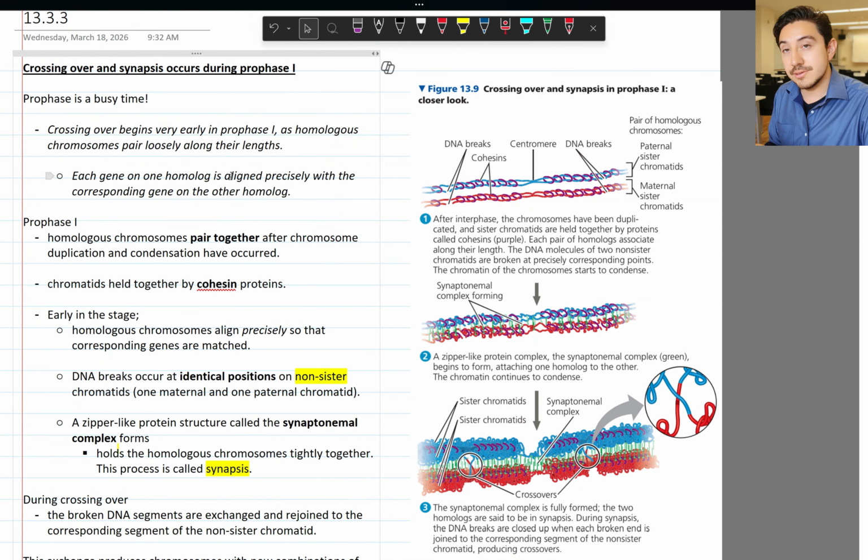And this is a set of protein structures that will enable the homologous chromosomes to stay in their place very well. So you can see this occurring here. I apologize for the grittiness of the picture here. So ultimately, you have this complex that will anchor both homologous chromosomes side by side.